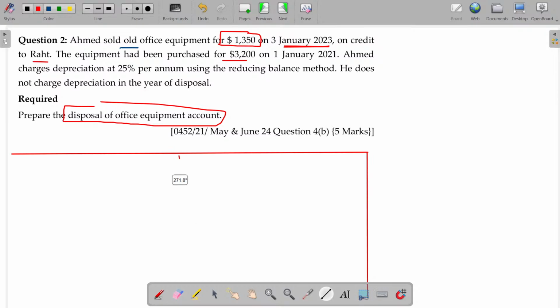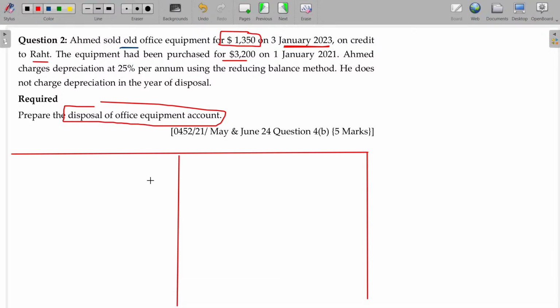Disposal, carrying 5 marks. Disposal of office equipment. The asset value is transferred from the asset account, office equipment account.